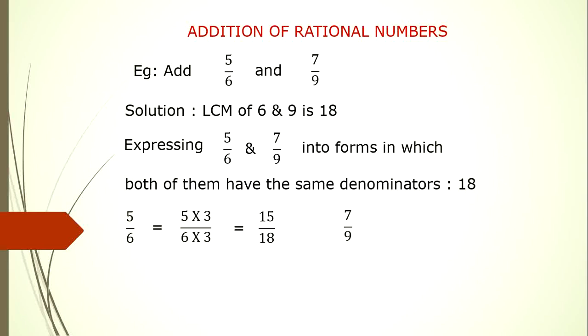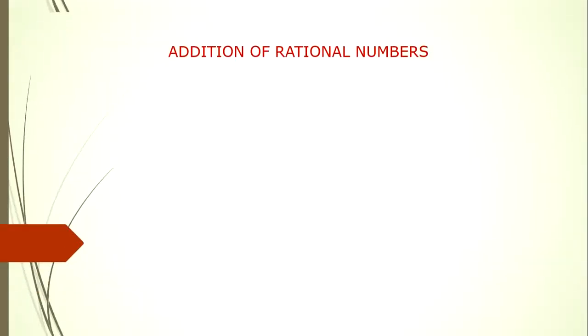For the other rational number 7 by 9, we multiply both numerator and denominator by 2 to get the denominator 18, and so its numerator becomes 7 into 2, which is 14. Now we add 15 by 18 and 14 by 18, which is 15 plus 14 by 18, equal to 29 by 18. This of course can be simplified.